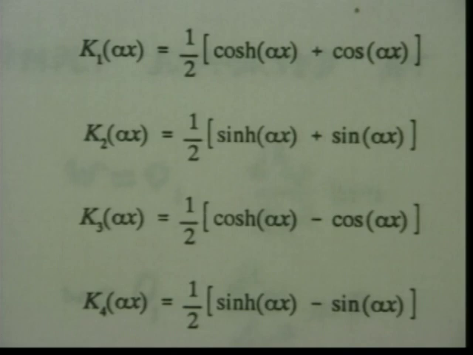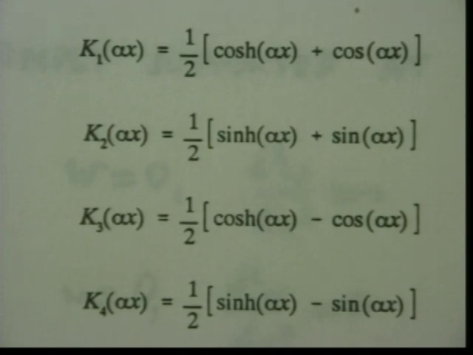If you want to remember these functions, you can remember like this. The first function is the sum of hyperbolic cosine and cosine. The third function is the difference of them: hyperbolic cosine minus cosine. The second function is the sum of hyperbolic sine with regular sine.